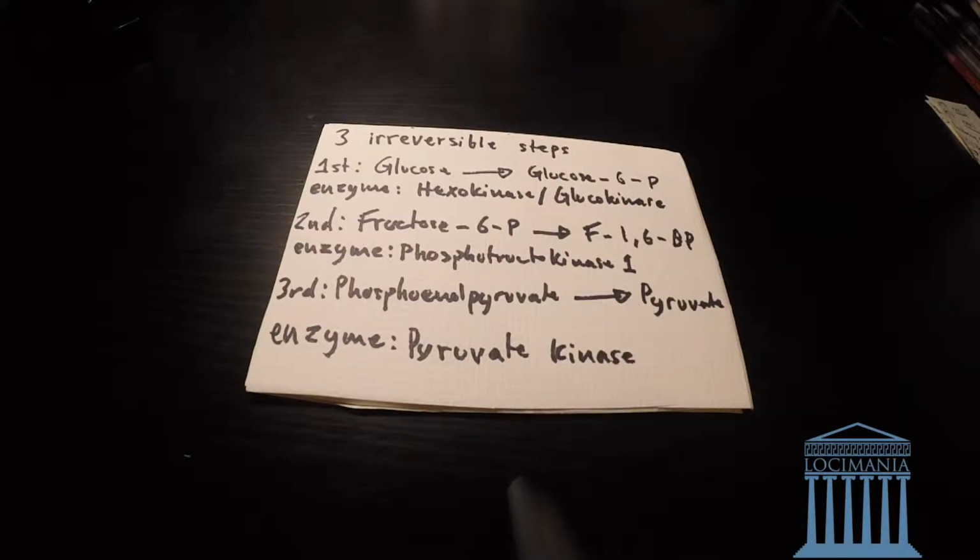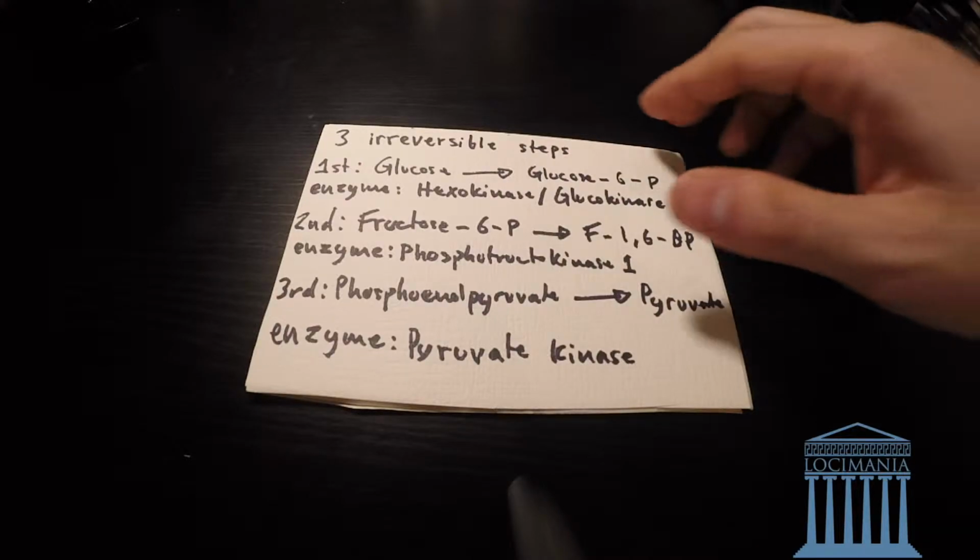The enzyme is PFK1, which is the rate limiting step of glycolysis. And the third one is PEP, phosphoenolpyruvate to pyruvate. This is the last and final step of the glycolysis. The enzyme there is pyruvate kinase. As you can note here, they are all involved in the ATP reactions that I mentioned earlier.